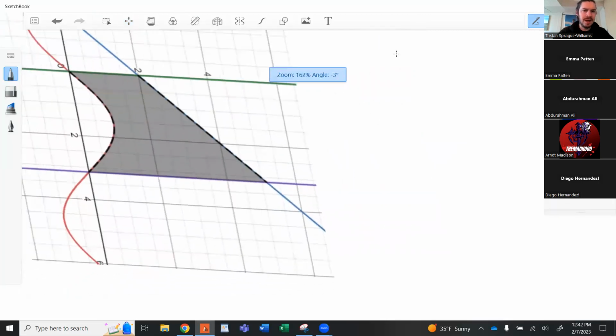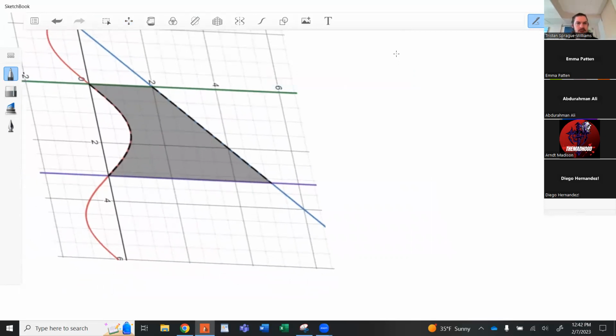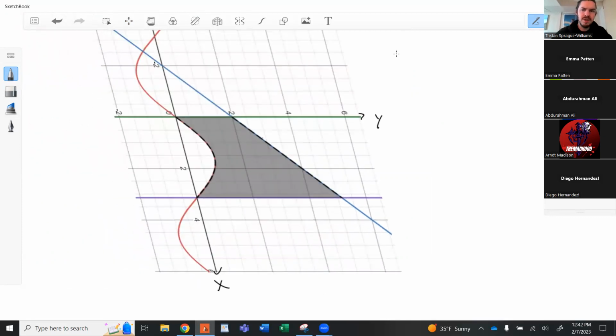Okay, so now we've got our x-axis down here, our y-axis over here. We have this two-dimensional region. And now we can say that we're going to build a solid by putting some sort of shape on top of here. Let's do triangles.